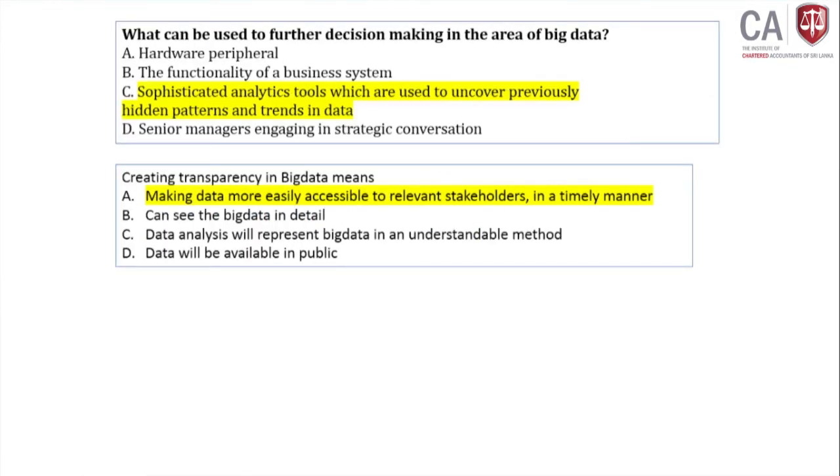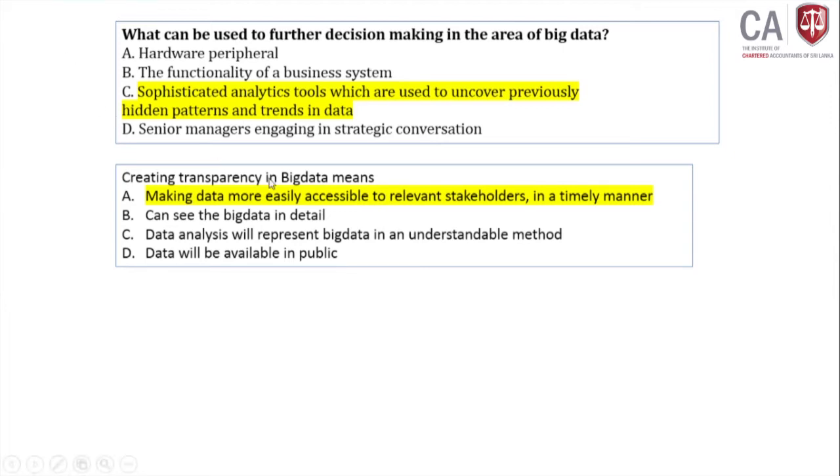What can be used to further decision making in the area of big data? Sophisticated analysis tools which are used to uncover previously hidden patterns and trends in data. In data, there are some hidden patterns, so those trends are identified using big data.